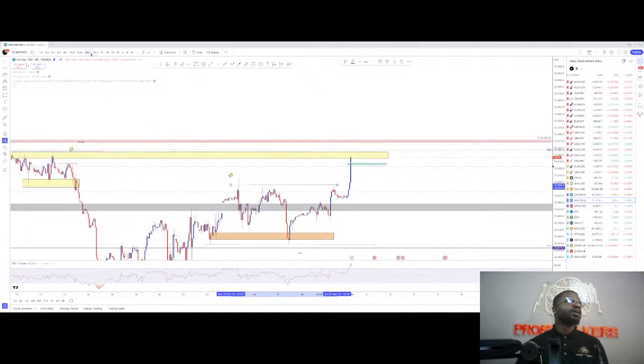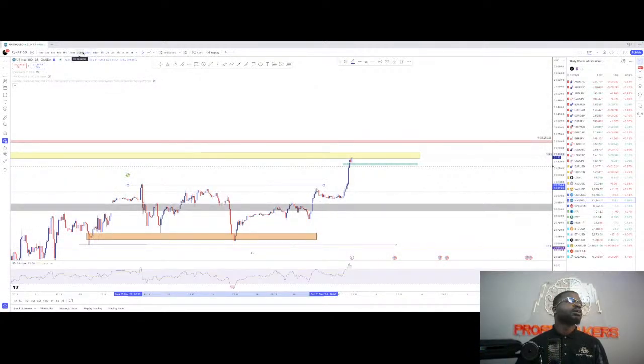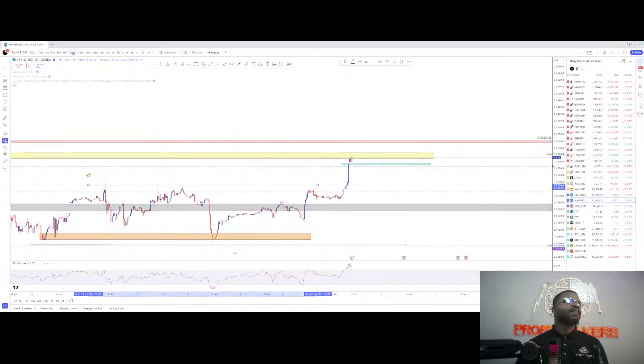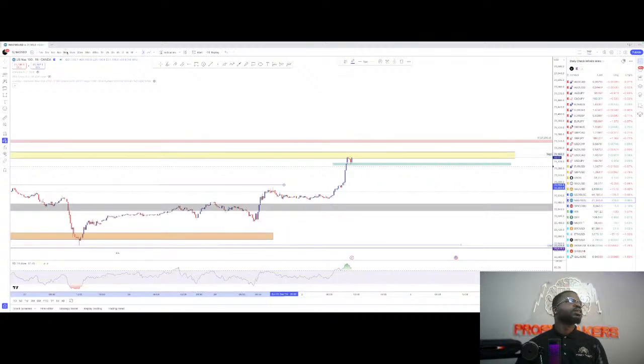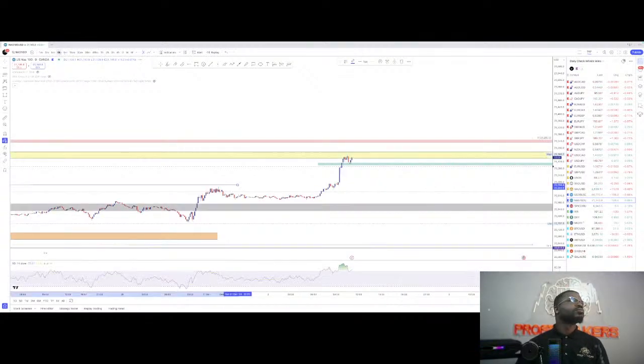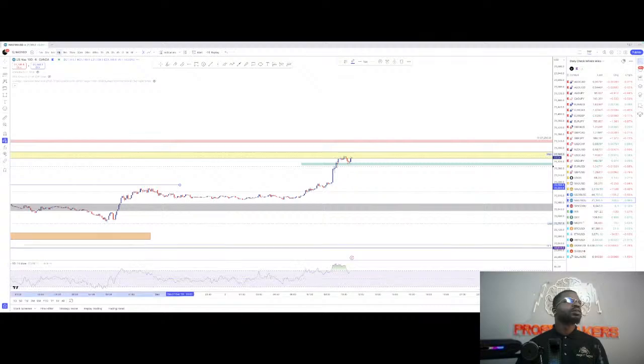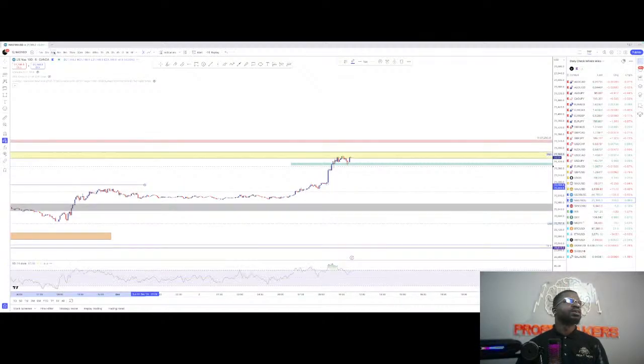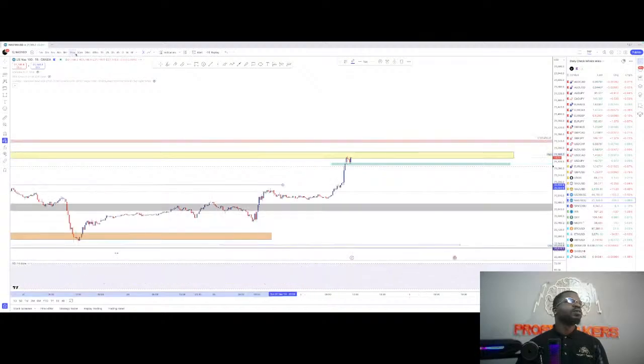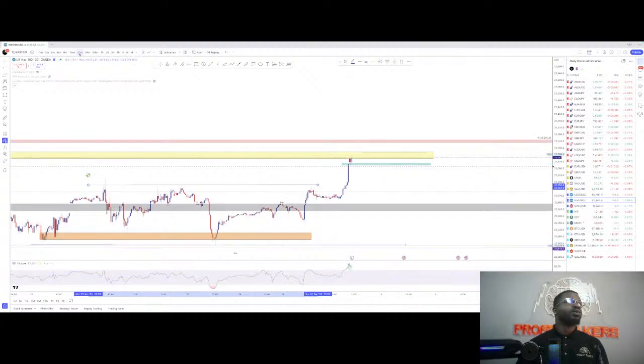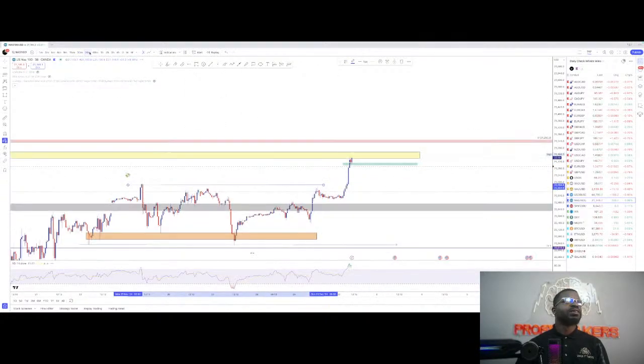Let's see if we got anything in there. All right, this thing could actually keep going up. Oh, it's going up. I was just trying to see the likelihood of it pulling back to fill that gap. Candlestick went crazy.